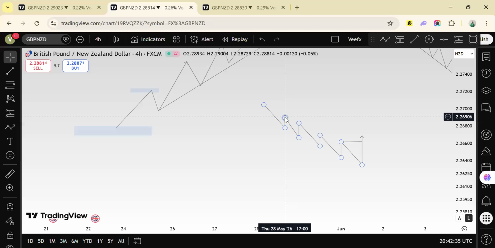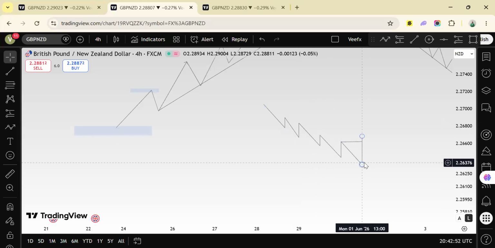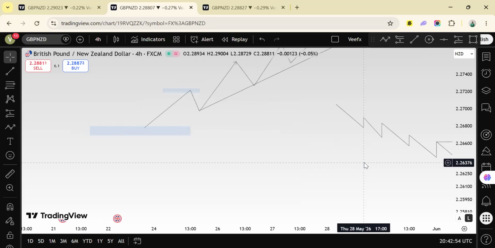Now, this area also is pushing price to the downside. We're going to have a sell order block here because it is pushing price to the downside. Now, this area that's pushing price to the upside, we're going to call it our buy order block. Same thing all throughout, right?